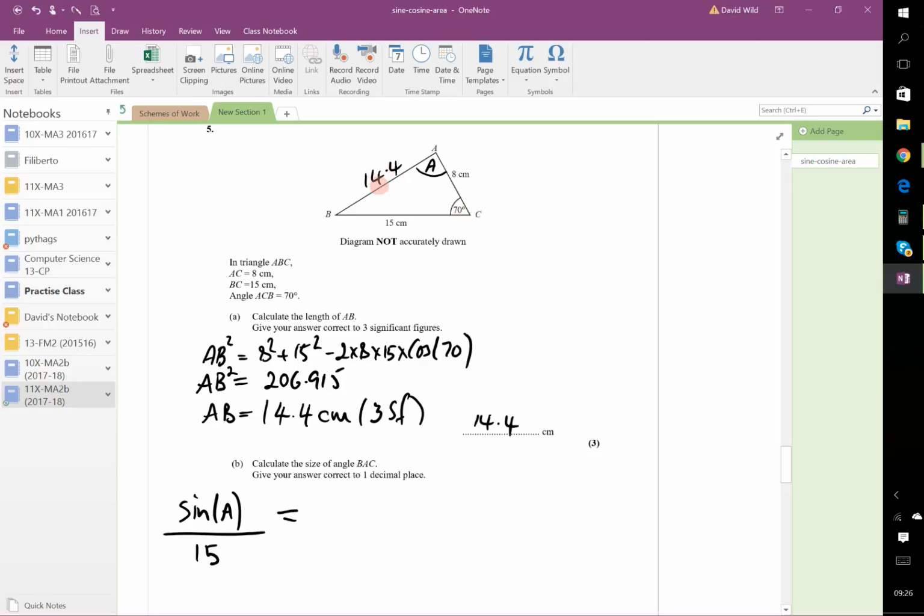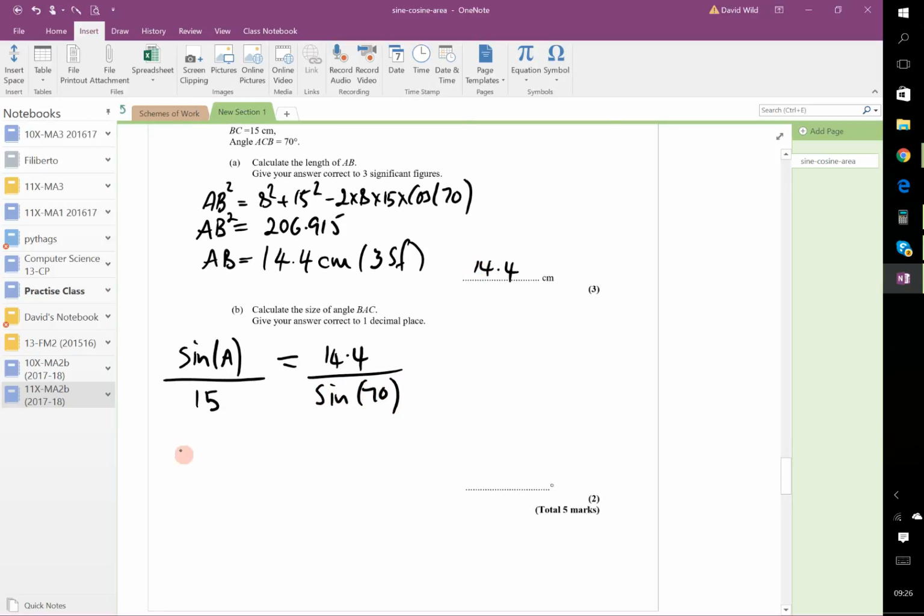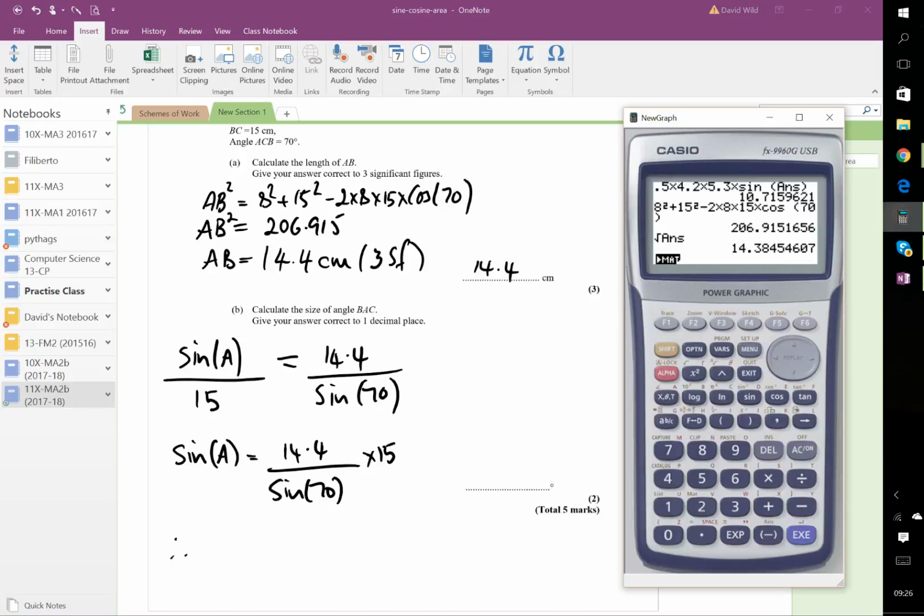We're going to use this side, 14.4 divided by the sine of 70. Now multiply both sides by 15 to get the sine of A is 14.4 over the sine of 70 times 15, and therefore let's put that into the calculator now.